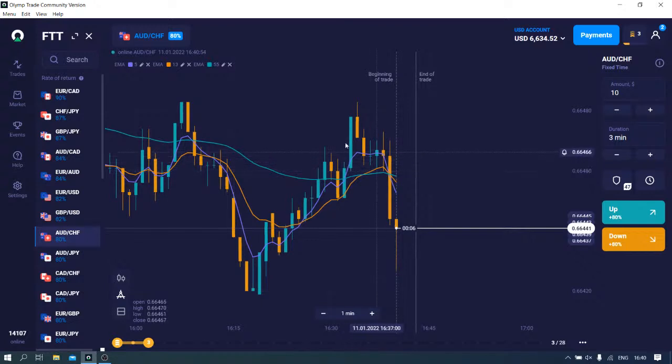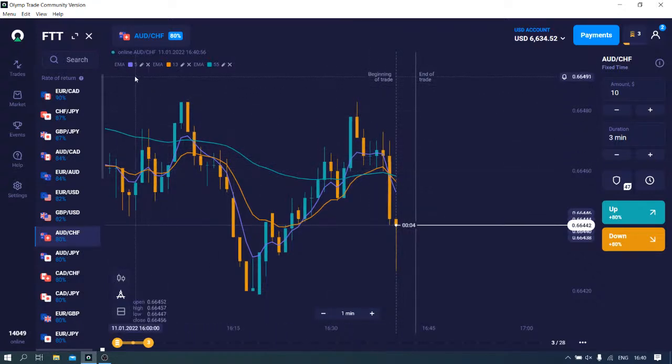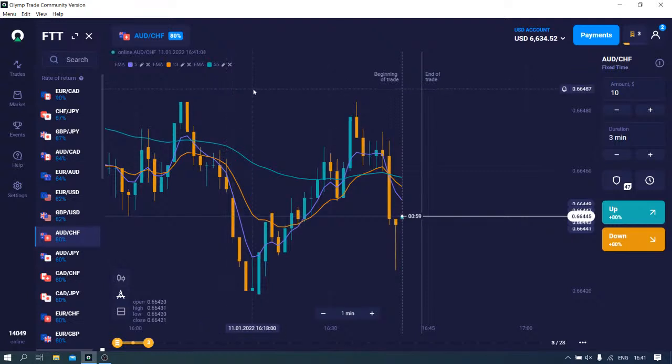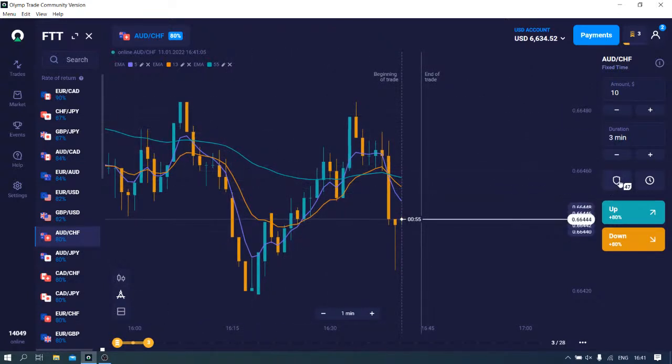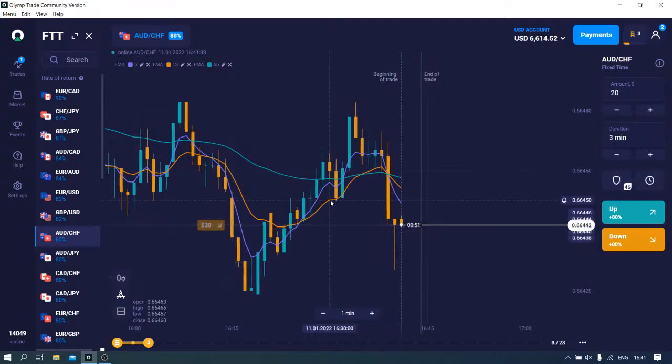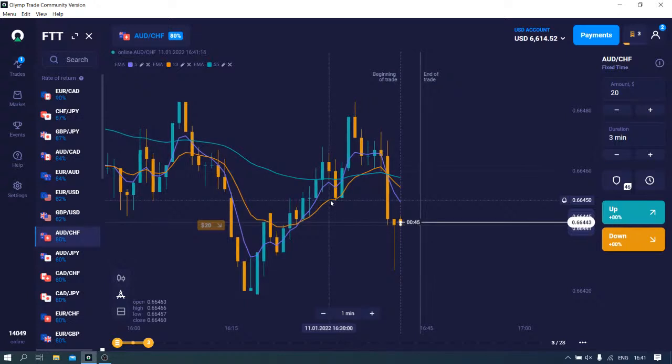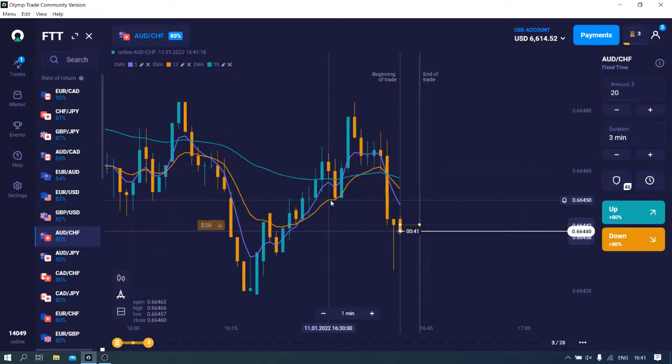Well, there is a double crossing. As you can see, EMA 5 crossed both EMA 13 and EMA 55 at a single time. So let me activate this risk-free trade worth $20. That would be a $20 trade just because I don't have any more $10 trades left.